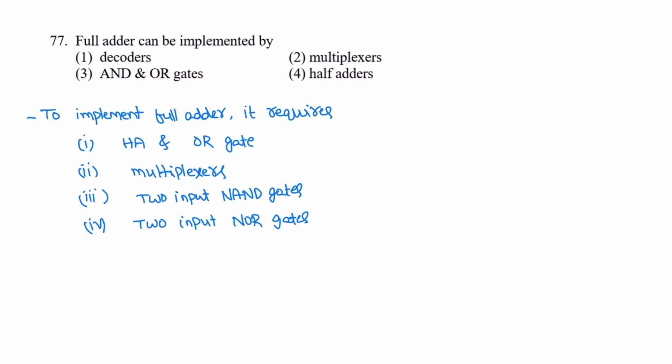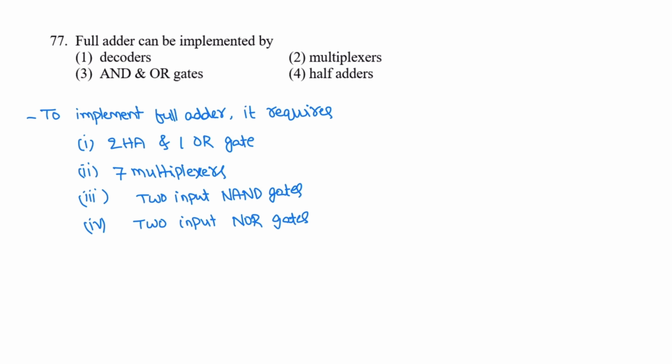Next question. Full adder can be implemented by, to implement a full adder, it requires two half adders and one OR gate. The total number of multiplexers required to implement a full adder is 7.